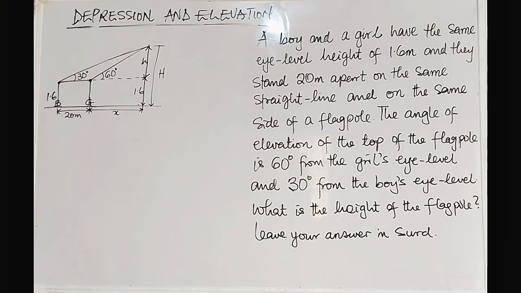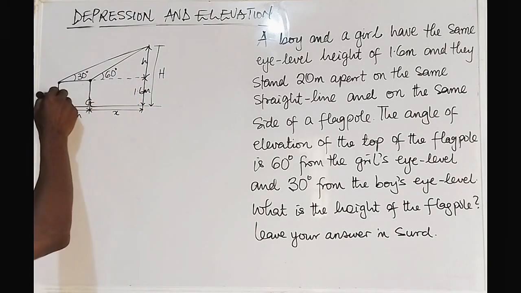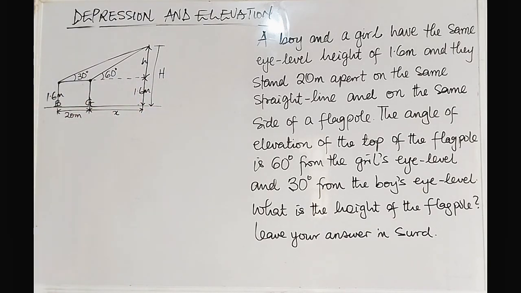Now how then do you find the height of the pole? Since we know 1.6 is part of the pole, what we need to look for now is the distance from the top of the pole to this point, which we represent as h. Now how do we get started?